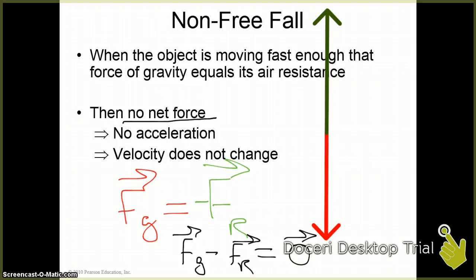I've put this little negative sign to indicate that, in fact, the forces are in opposite directions. Remember, with vectors, you have to take into account the direction of motion. And so when you add the two together, you have no net force and therefore no acceleration, which means that the velocity does not change.